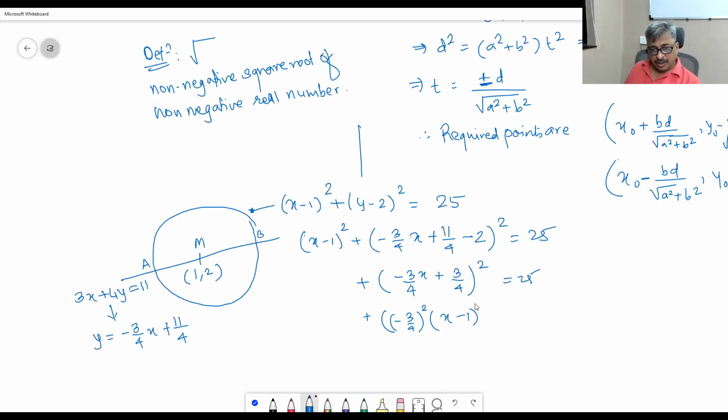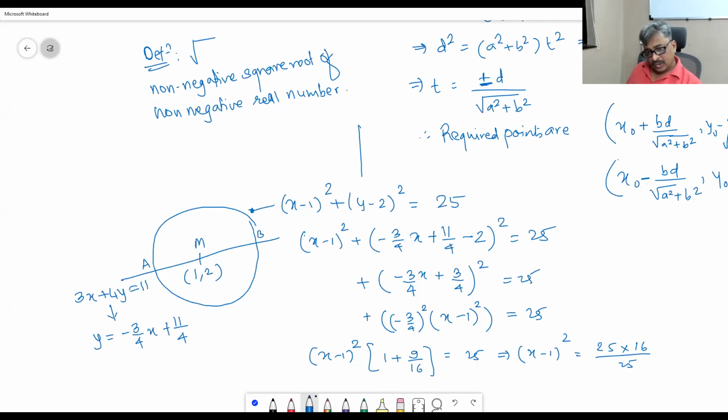I know this is not expected out of you, but I know that one, and therefore I can take out x minus 1 bracket square common, inside bracket 1 for this, and plus 9 by 16 for this is equal to 25. That makes it x minus 1 bracket square is equal to 25 into 16 upon 25.